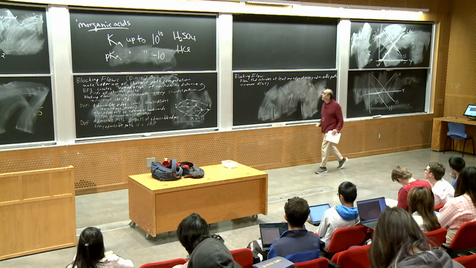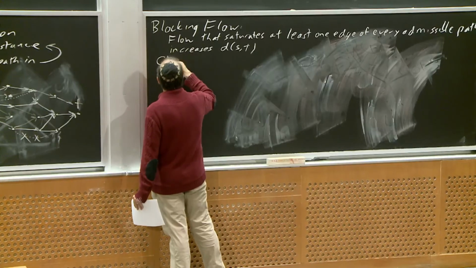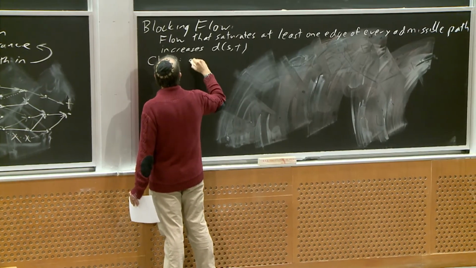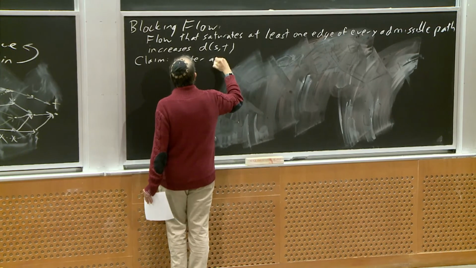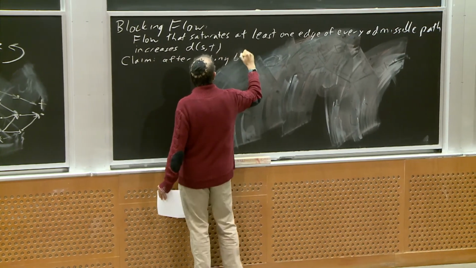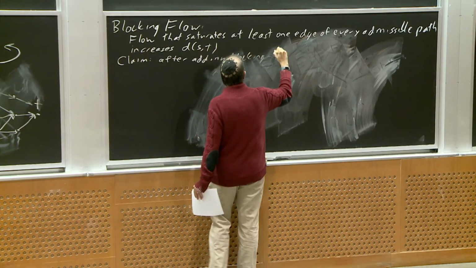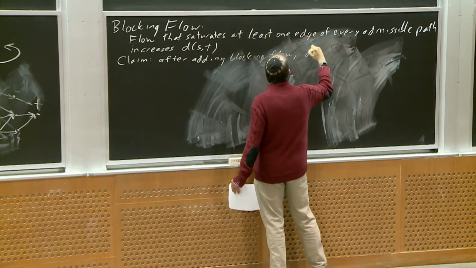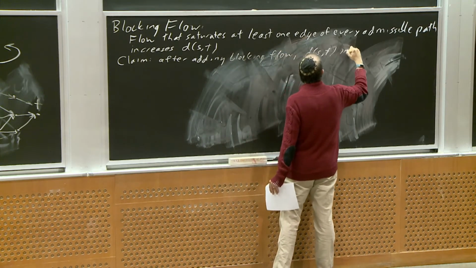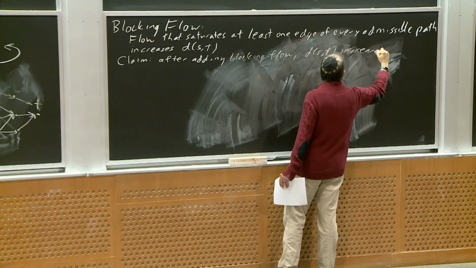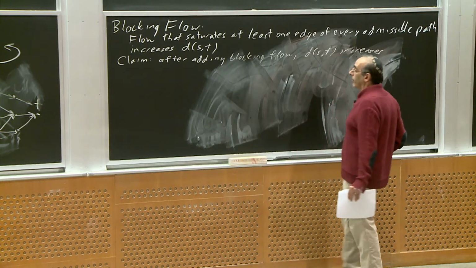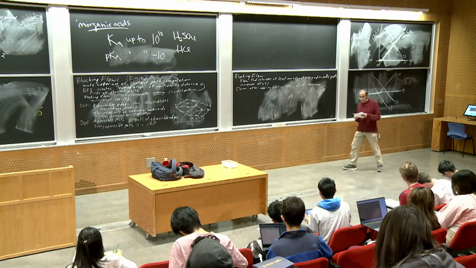So let's prove that. After adding a blocking flow, the distance from S to T increases. Okay. So how do we prove that?